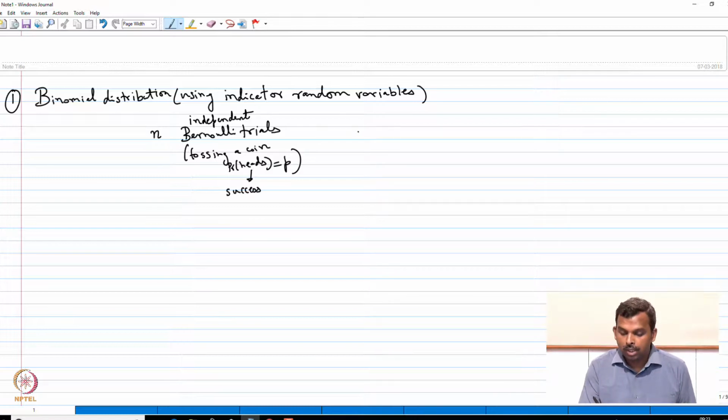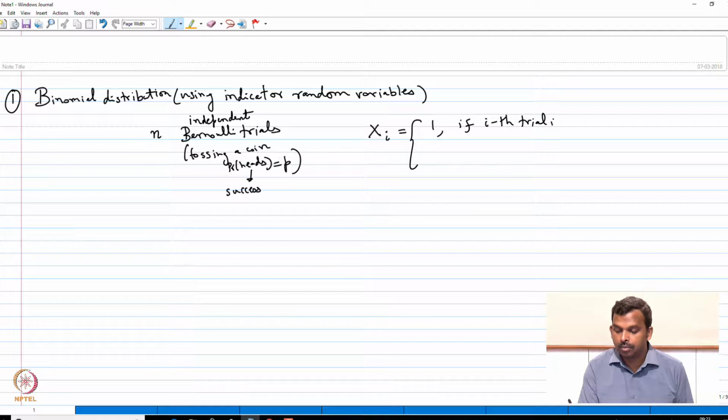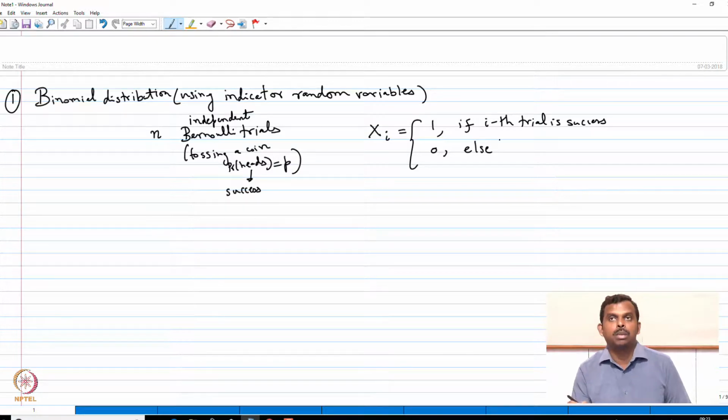Let's say Xi is 1 if the ith trial is a success and is 0 otherwise. What do I mean by this? I'm doing n coin tosses.